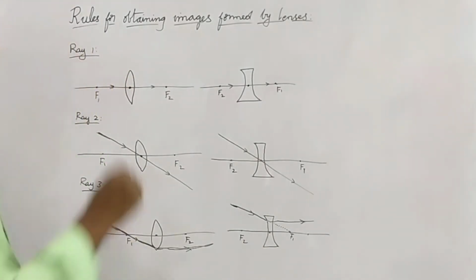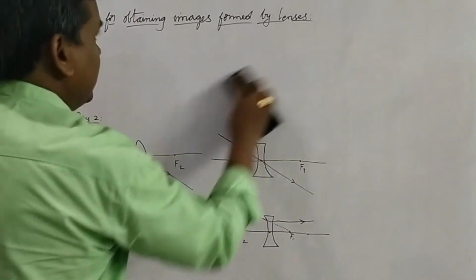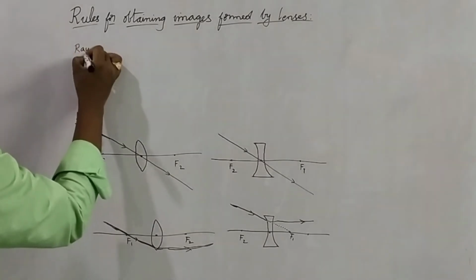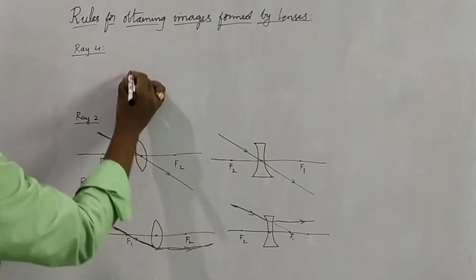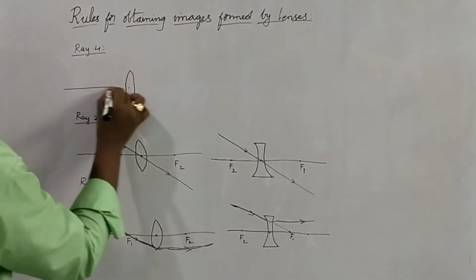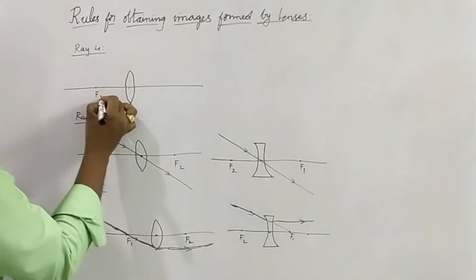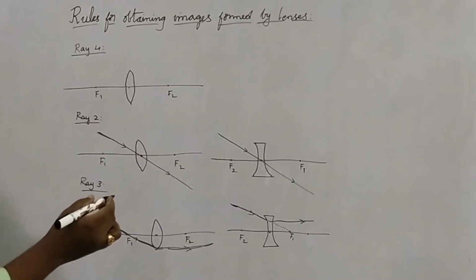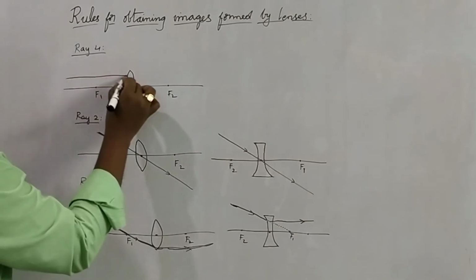And coming to the fourth situation, ray diagram 4, again I am considering a convex lens, optical center, principal axis, focus for the first surface, focus for the second surface, and now a ray which is parallel to the principal axis.